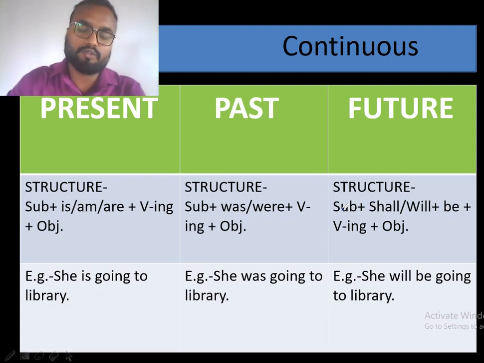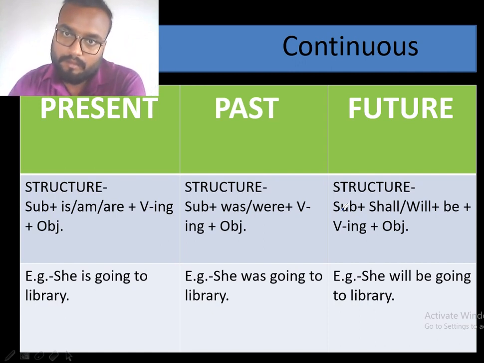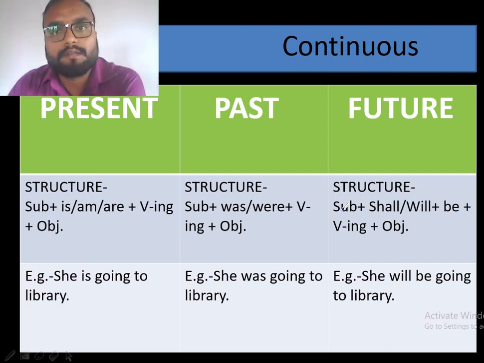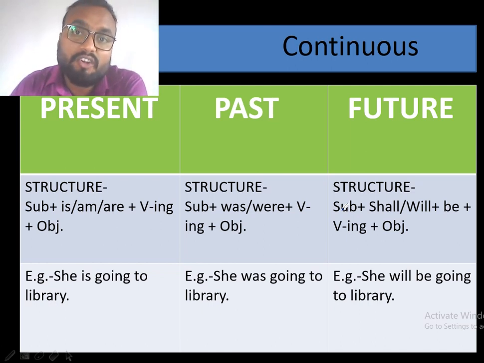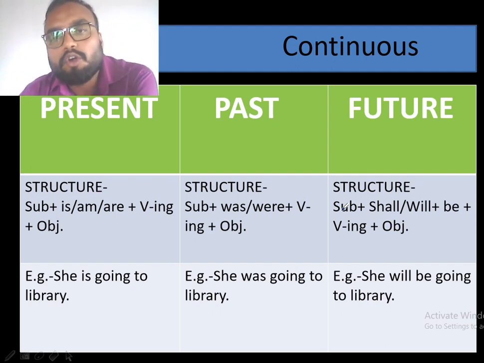As I already told you in the starting, if you understand the meaning of the word, of the title, the name, everything will be clear. Similarly over here, continuous. Continuous means something which is continued, which is in progress, and it is also known as progressive tense or progressive action.